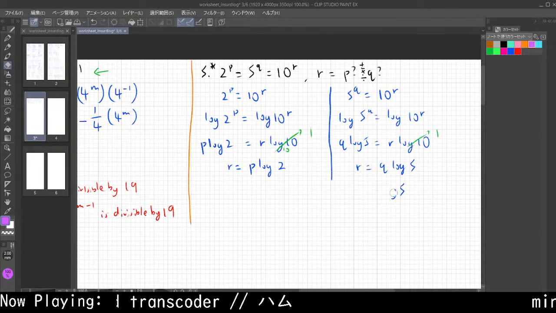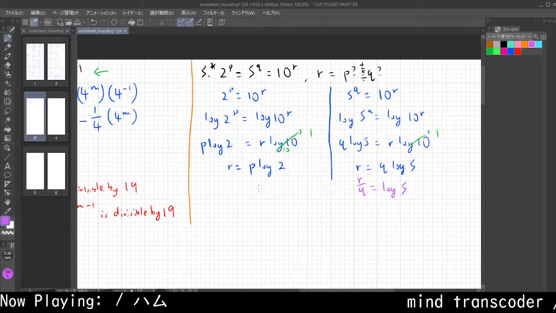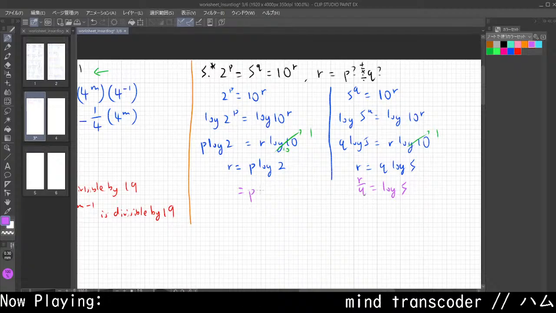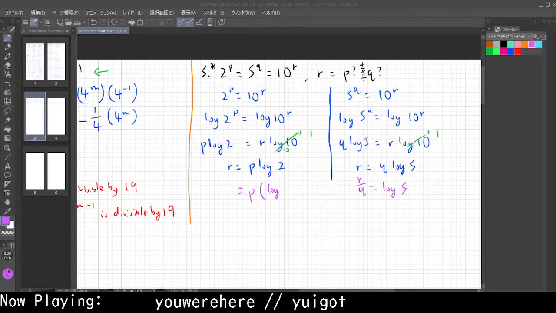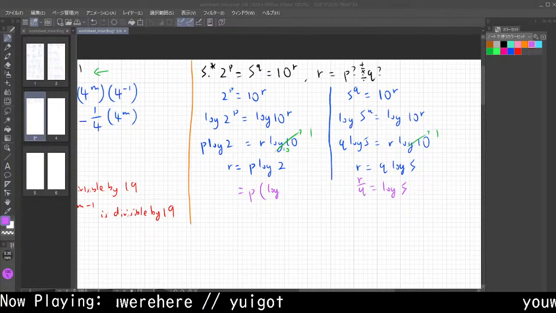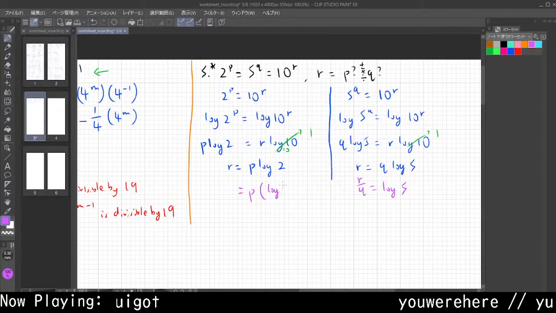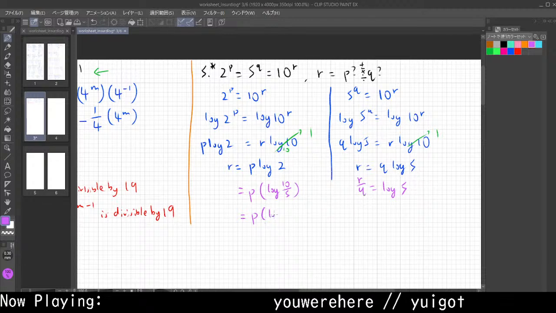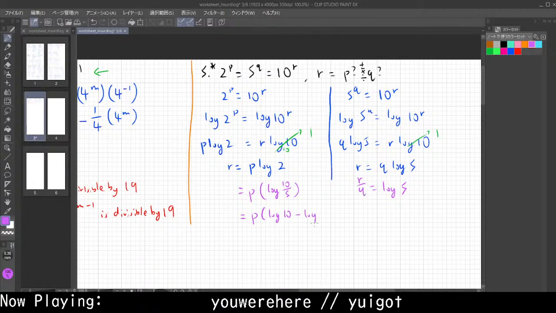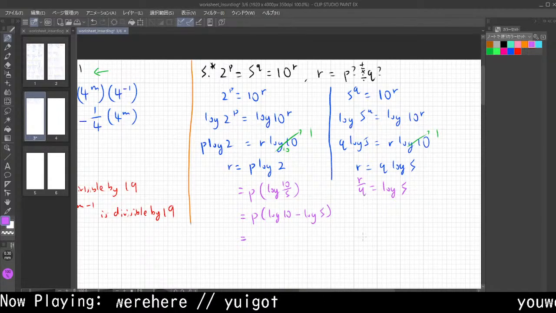I'll also use a different color for this because this is effectively the second half of the question. So let's say I want to get rid of the log, I can. I do this by finding an expression for log 5 first, and then I replace my 2 with 10 over 5, and then since division within one single log turns into subtraction, I can write out log 10 minus log 5.